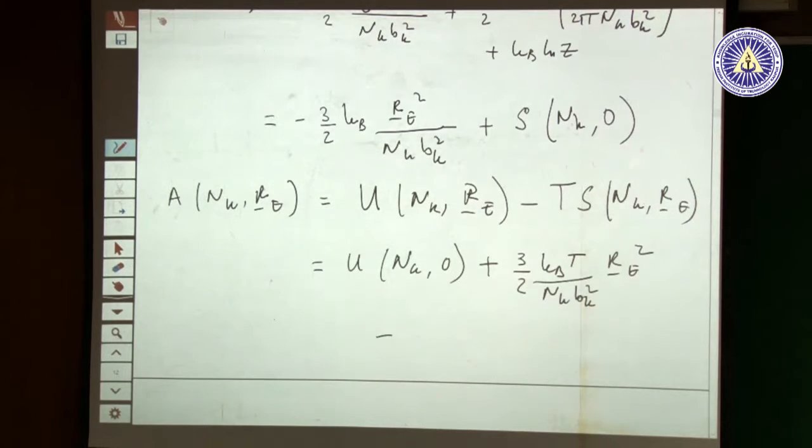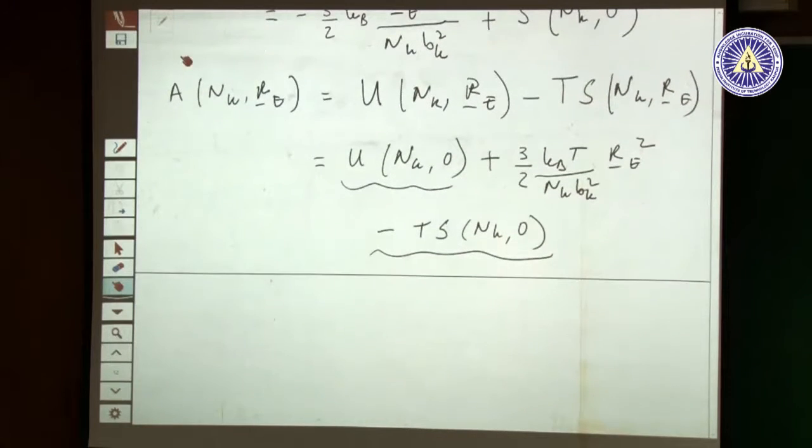So, this would be minus T S(NK, 0). Okay. Now, I can combine these two as a kind of Helmholtz free energy, that term that does not depend on RE.